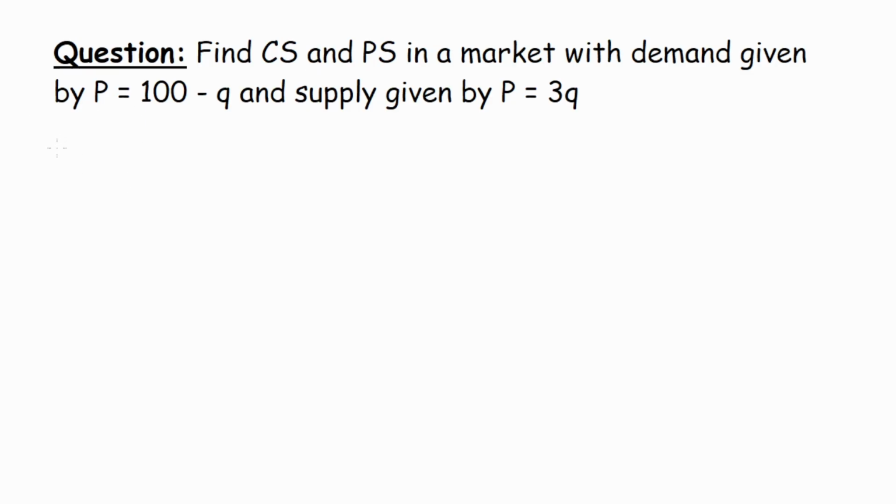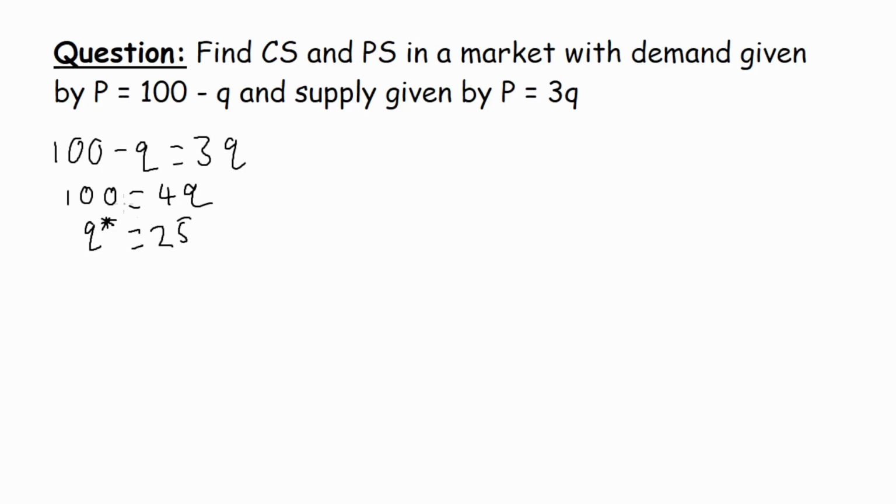prices in this market, since they must be equal at equilibrium, which will give us 100 - Q = 3Q. I'll rearrange this to 100 = 4Q, which gives us Q at equilibrium, which I'll label Q star, equal to 25.